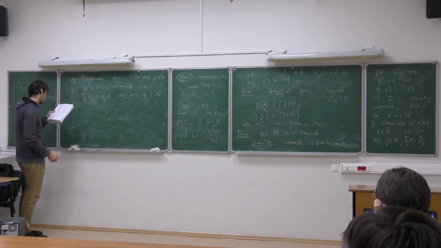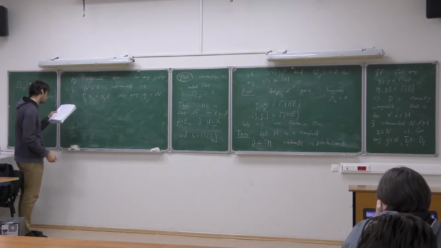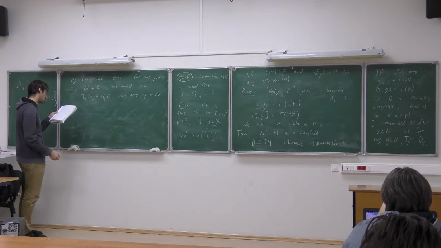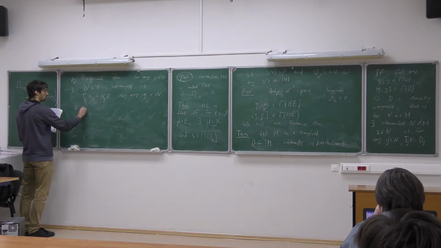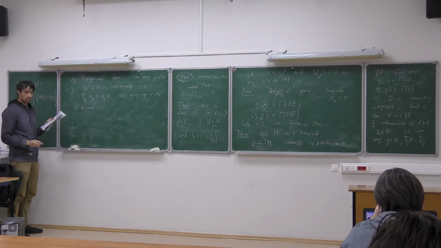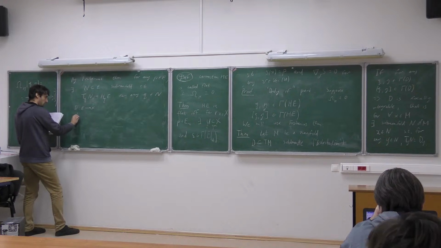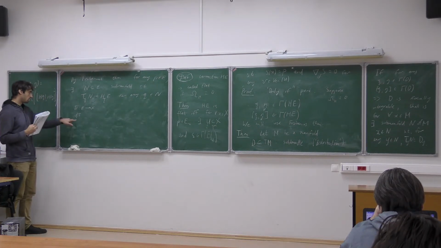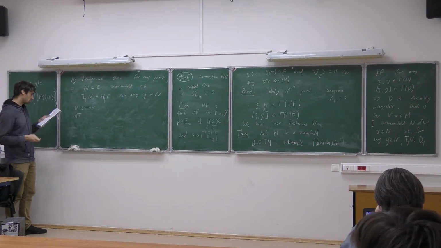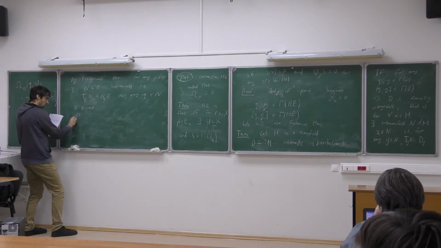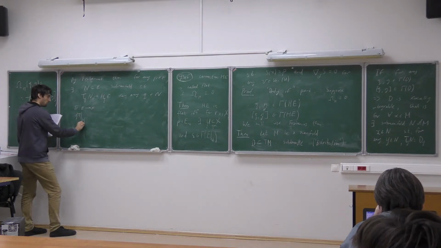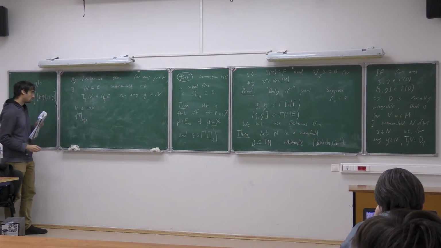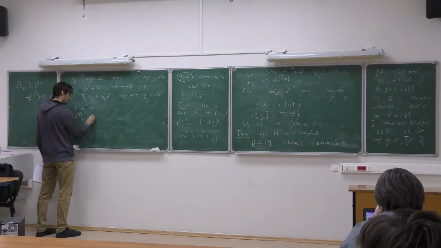We need to recall that I have this projection map, pi from E to X, and then if I take d pi and restrict it at our point P to H_P E, this is an isomorphism.